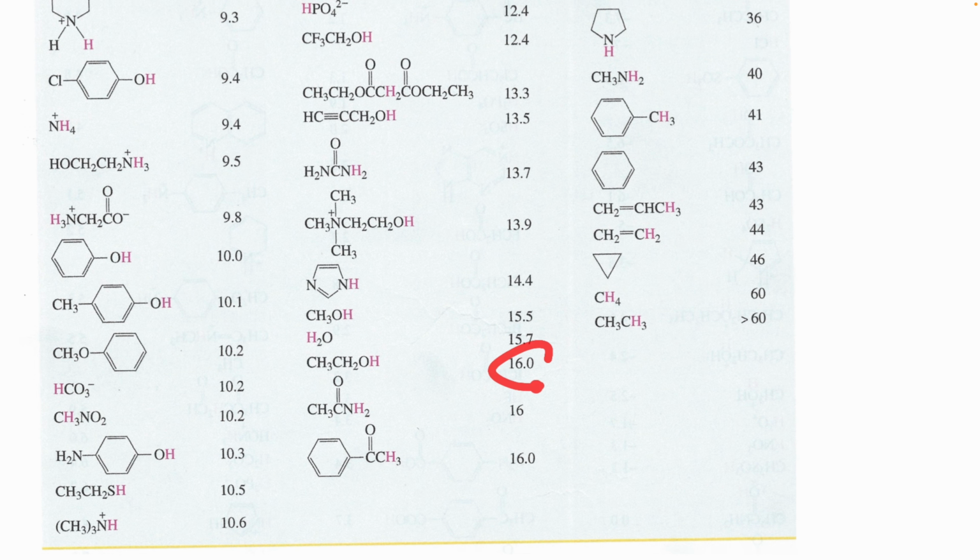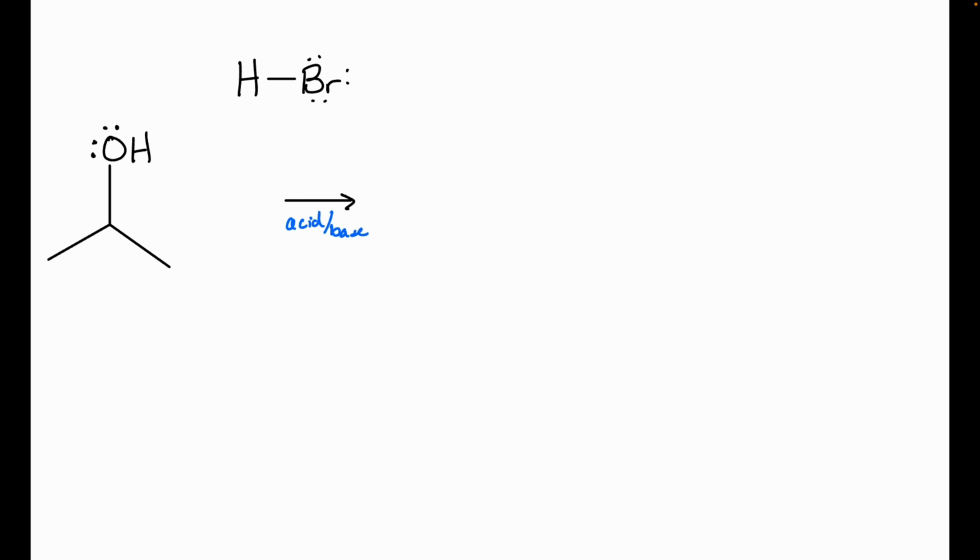So we're going to approximate that as 16. So we got a pKa of -9, a pKa of 16. Which one's our stronger acid? HBr, right? If we didn't know, we could look that up.